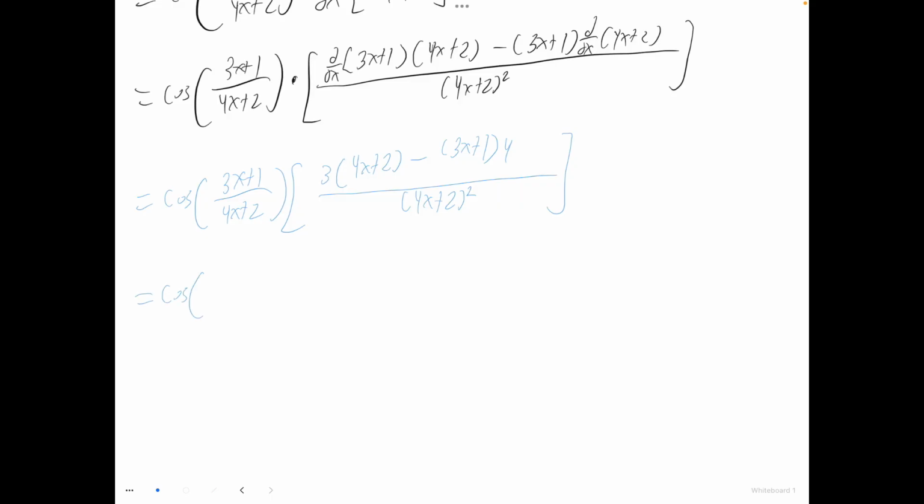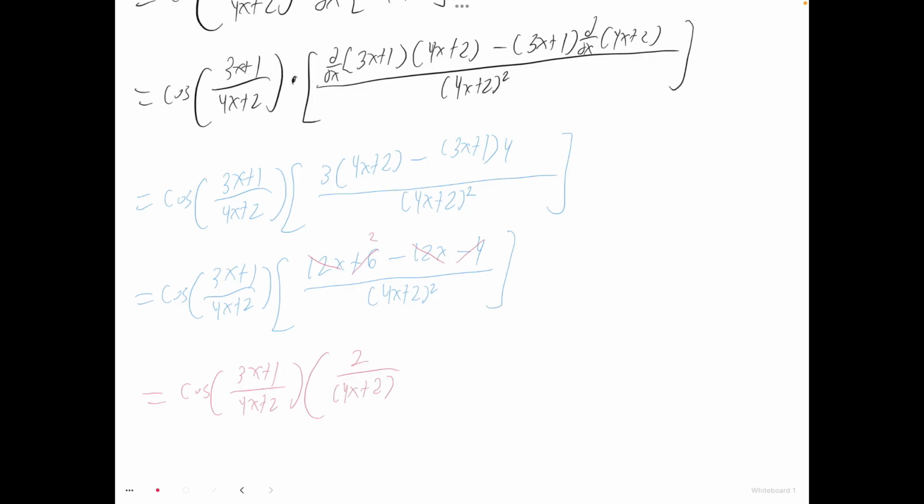And so this is cosine of (3x plus 1) over (4x plus 2) times, we're going to have 12x plus 6 minus 12x minus 4, distributing the negative, all divided by (4x plus 2) squared. Now we have a plus 12x and a minus 12x, and plus 6 minus 4, so that leaves 2, I guess. And so we get cosine of (3x plus 1) divided by (4x plus 2) times 2 divided by (4x plus 2) all squared.